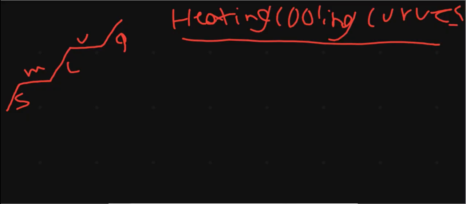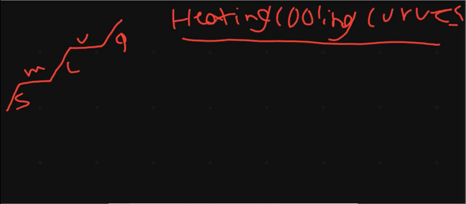On this video, my third video, we're going to be tackling heating and cooling curves. Heating and cooling curves simply are the representation of phase changes of compounds, elements, of anything really, and the heat energy required to do that.